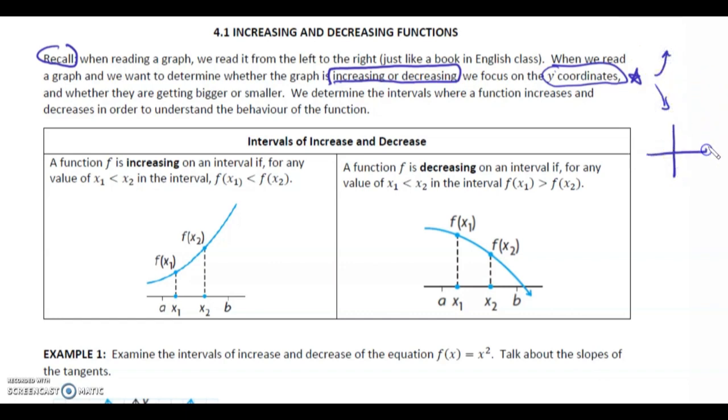Because when we have an x and a y axis and we're focusing on the y coordinates, we're looking at these numbers, okay? The more down they go, that's like the smaller the number, and the more up they go, that's the bigger the number, okay? And as just a quick recall, -8 is actually smaller than the number, say 2, because it has a negative sign on it.